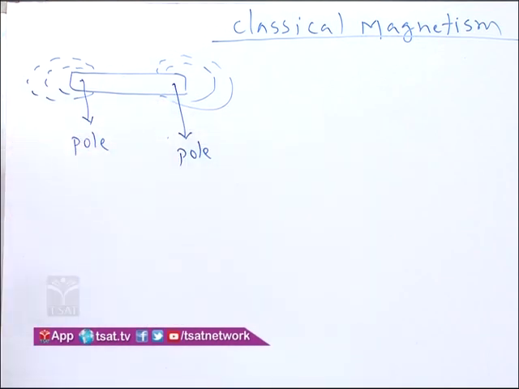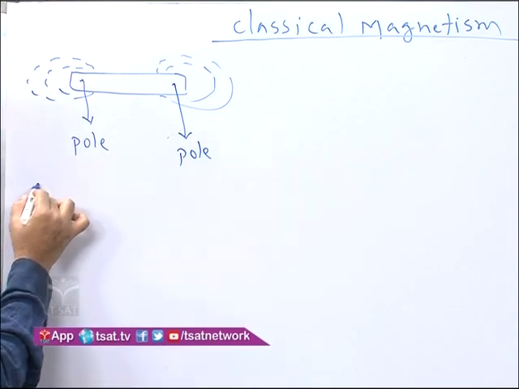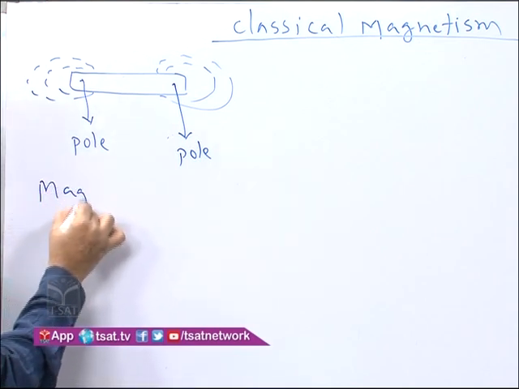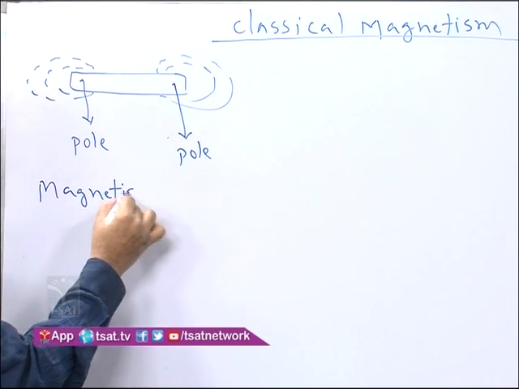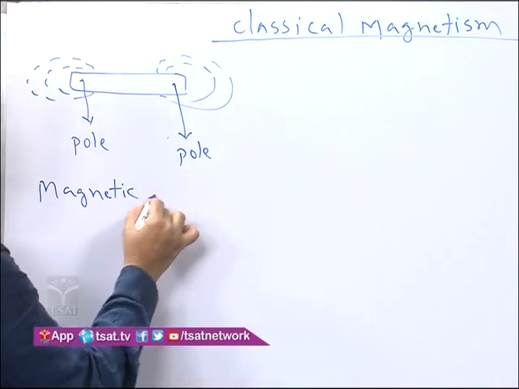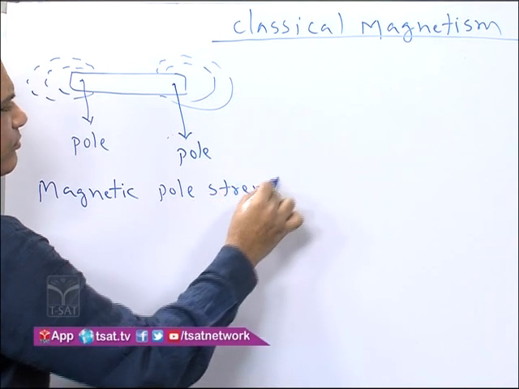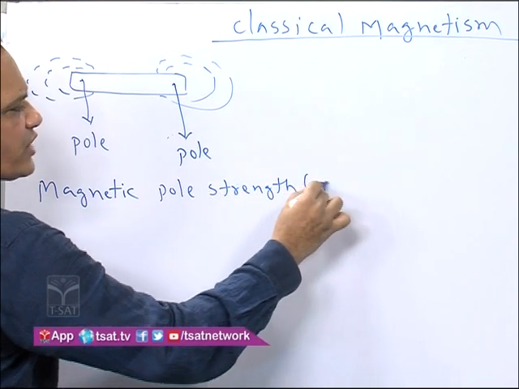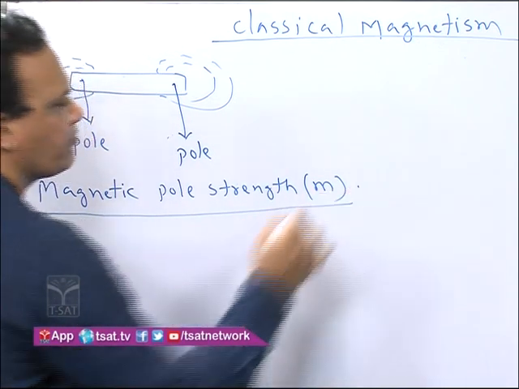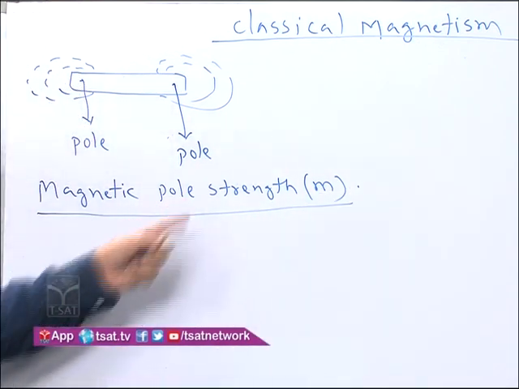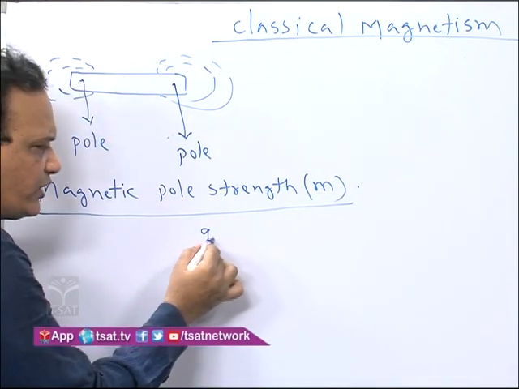How much does it attract? To measure that, the physical quantity is called magnetic pole strength. This magnetic pole strength is denoted by M, but in some books it is denoted by QM also.